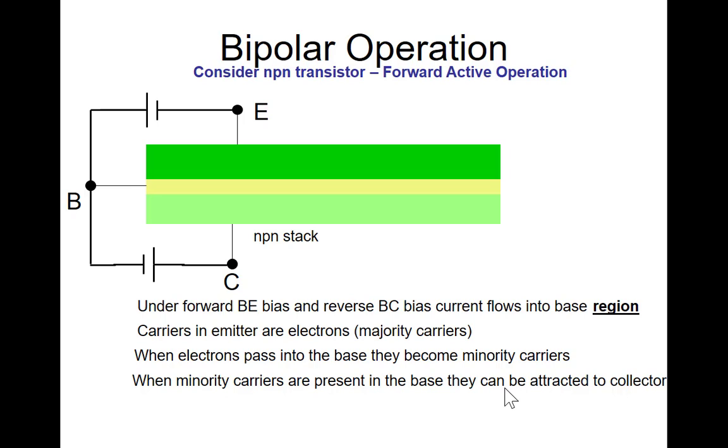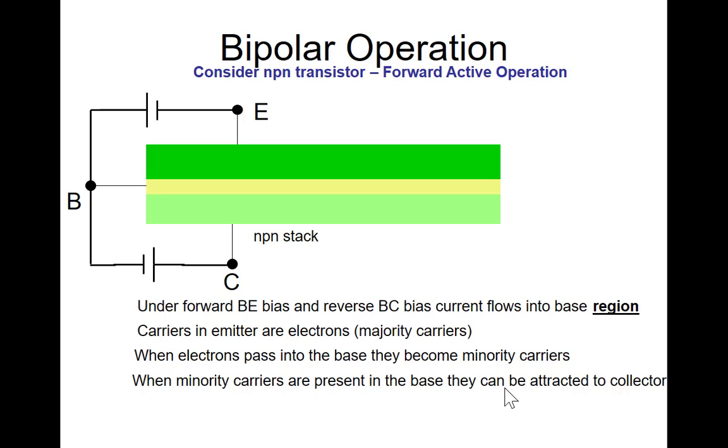And once they get in the base region, they say, aha, I've arrived in the base region, and I'm a minority carrier. And the bias for the base emitter is trying to make that minority carrier exit as base current. But while that electron is here, there's a reverse bias on the base collector junction. There's a positive voltage on the collector, and we're providing a force on that electron to go where? To the collector. So there's contention going on here.